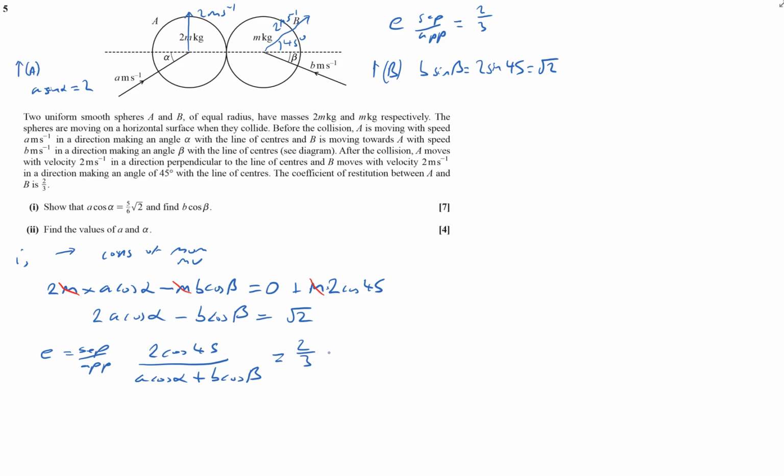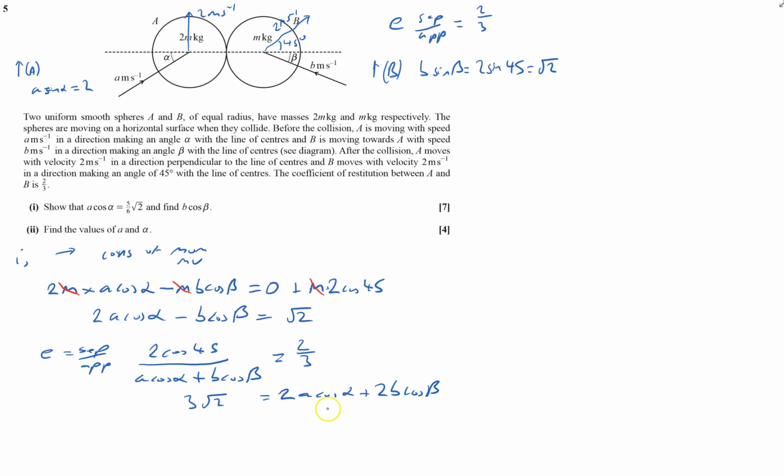So what I'm going to do is times everything through by the bottom bit, and this will give me, that's 2 root 2 over 2, so that's root 2. It's times by 3, so that's going to be 3 root 2 equals 2 lots of this bit, so that'll be 2A cos alpha plus 2B cos beta. So I've got that, and that's actually pretty similar to what I've got over here.